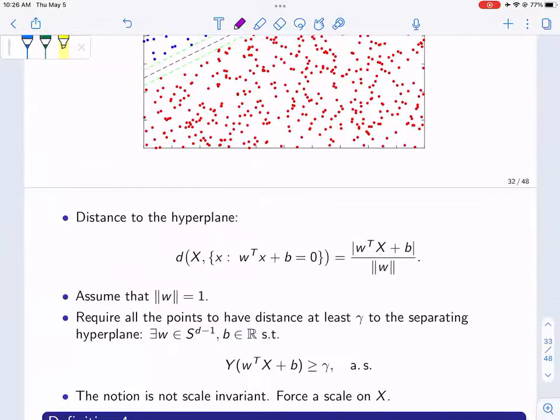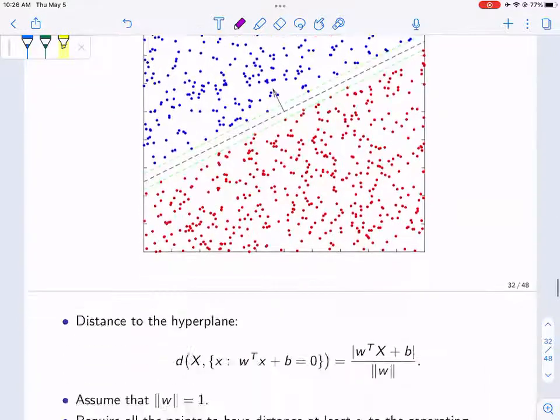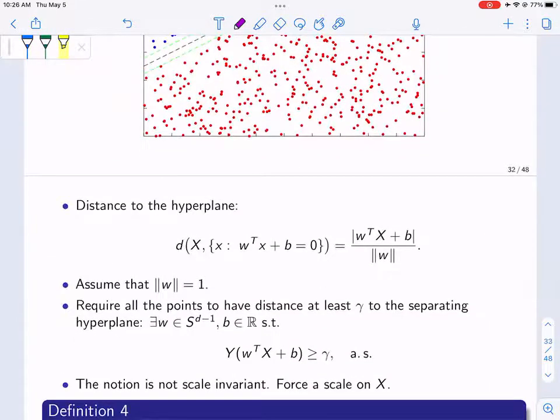To find the margin, I have to figure out what the distance of points are to the hyperplane. If you have a point x, you want to compute the distance. This is an interesting math problem, and it turns out, as an exercise, you can do it, that if you have a point x and this is the hyperplane, then the distance would be the absolute value divided by norm w.